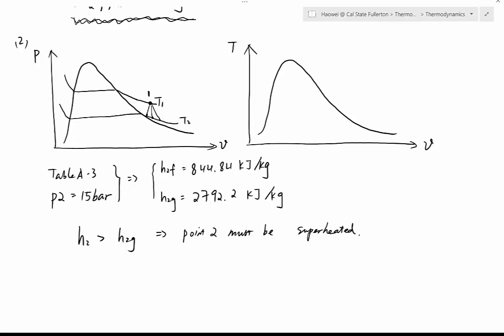For our case, the x-coordinate is nu. So what we need is to compare nu1 with nu2. If nu1 is equal to nu2, then 1 to 2 must be a vertical line. If nu1 is less than nu2, then this line must be to the right. If nu1 is greater than nu2, then this line must be to the left. So we just need to find nu1 and nu2.